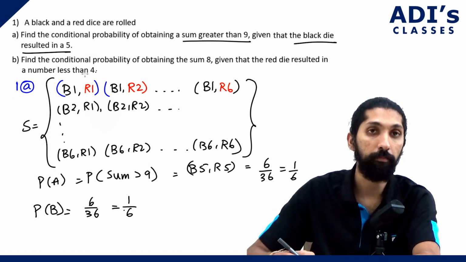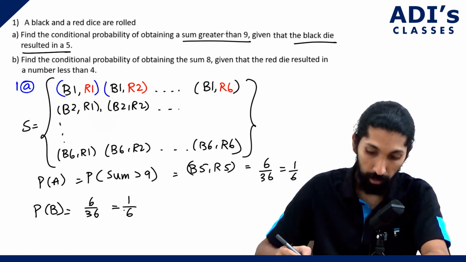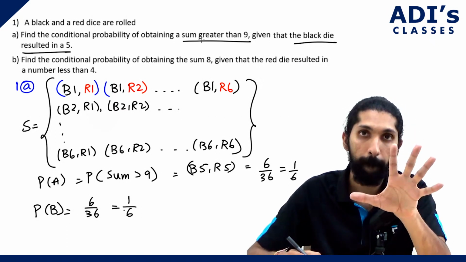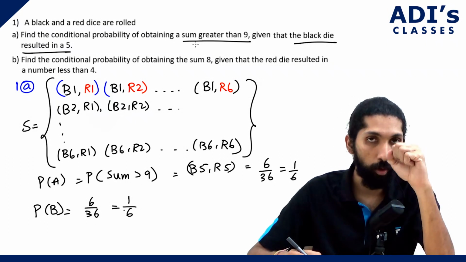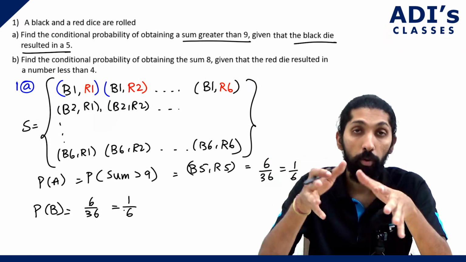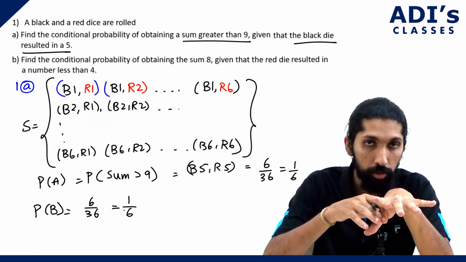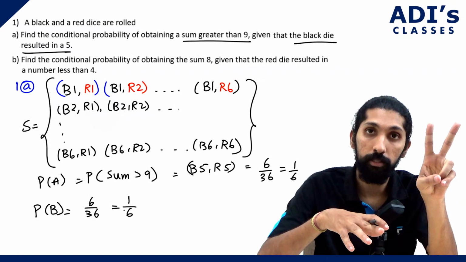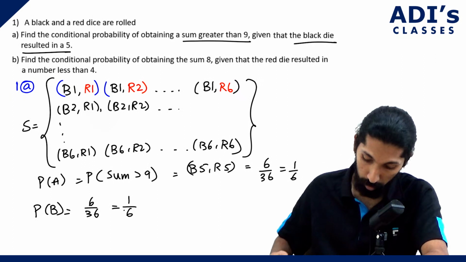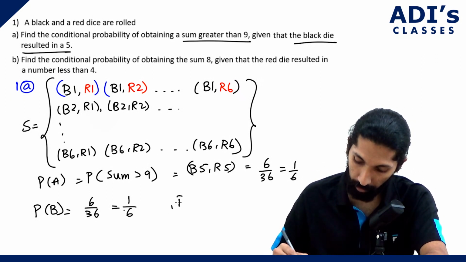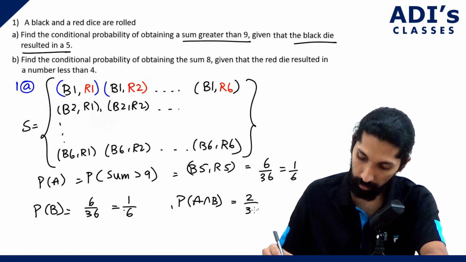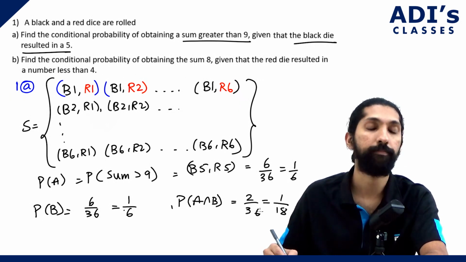Now A intersection B: the sum has to be greater than 9 provided the black die results in a 5. Two possibilities, B5, R5 and B5, R6, only two, correct? So P of A intersection B is 2 out of 36. That's 1 out of 18.